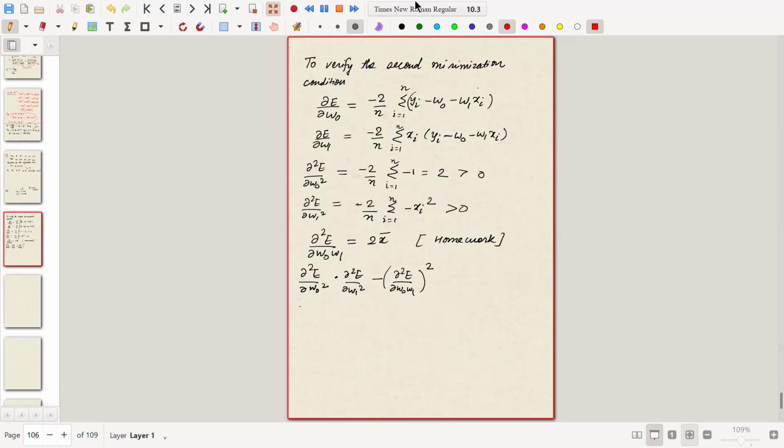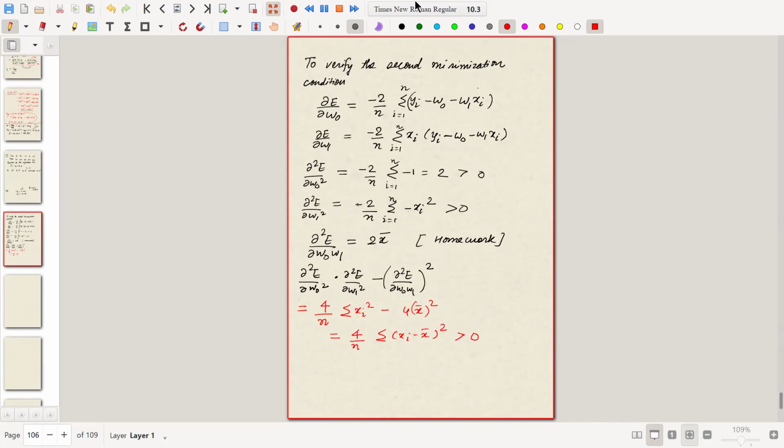Can you tell me what this quantity is now? Based on all of the quantities we have got, can you come to a conclusion that this quantity is this? This will be 4 by n summation xi minus x bar whole squared.